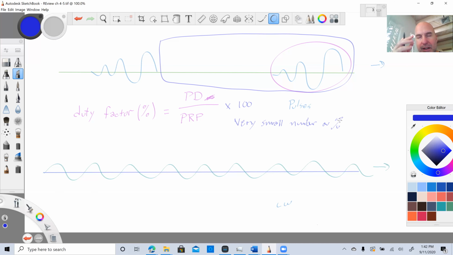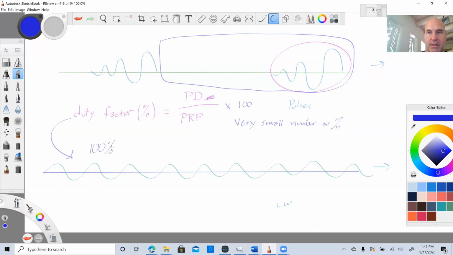I'm not saying it can't be 2-3%, but it's certainly not 20%. And it's certainly not 100%. Continuous wave, 100%.